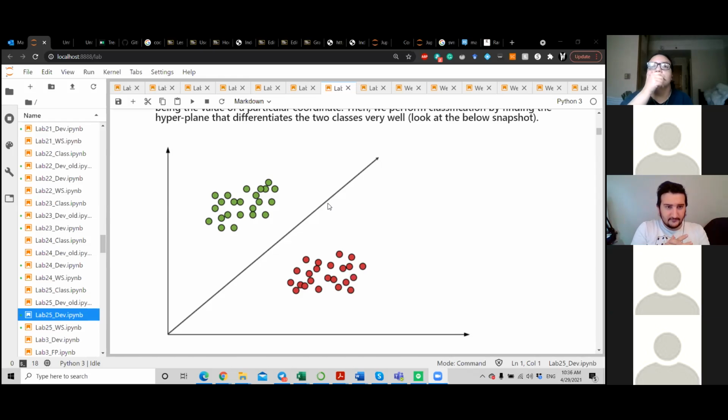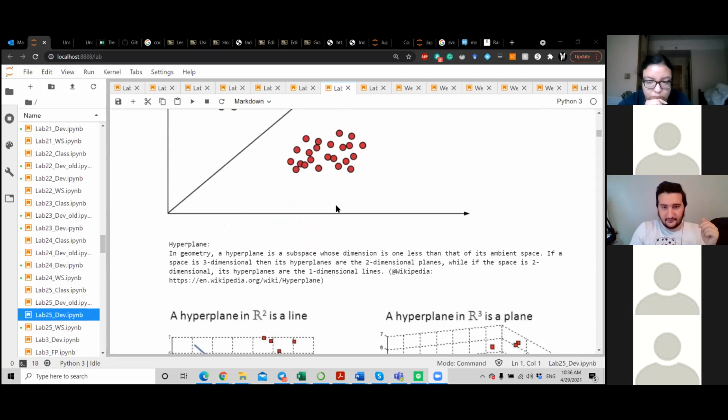Upper dimensional planes, more than 2 dimensions. Any other ideas? The middle line. In this case, this middle line can be considered a hyperplane, but it has a broader definition to it. And I have that definition here for you.